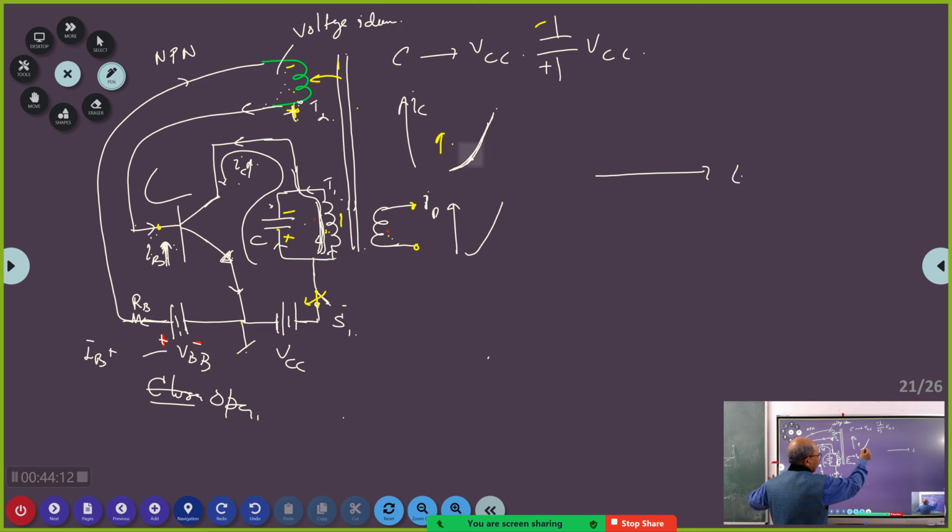At this point there is some back EMF, and maybe that same back EMF will continue to be there. So what? Is there some mechanism by which this current will start reducing?